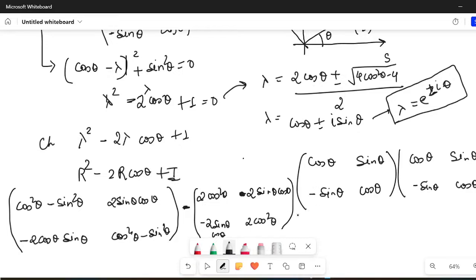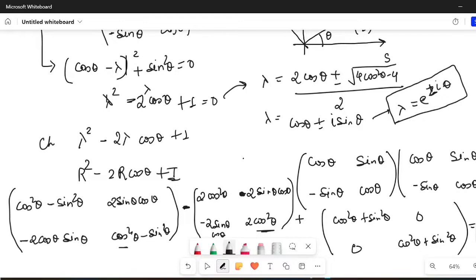And then plus identity. So instead of identity, I'll write cos squared theta plus sine squared theta here, 0 here, 0 here, and here also cos squared theta plus sine squared theta. It is quite easy to verify that I will get a null matrix.